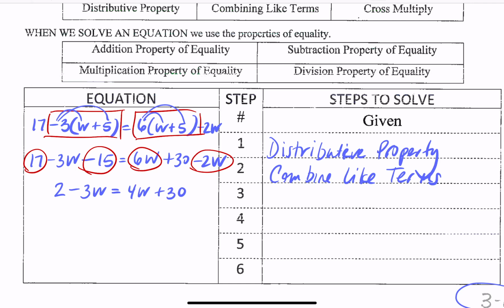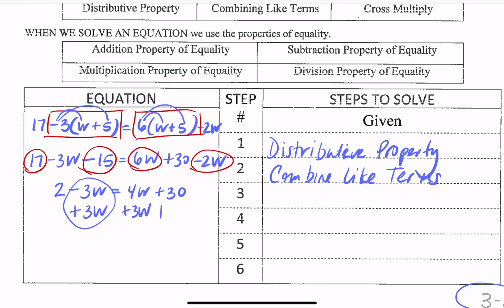So now I have variables on both sides, and I need to get one of them to go away. I'm going to pick one to either add or subtract. I'm going to get rid of the minus 3w by adding 3w. So I'm undoing subtraction, so I'm going to add 3w on both sides, and that's going to become a 0.